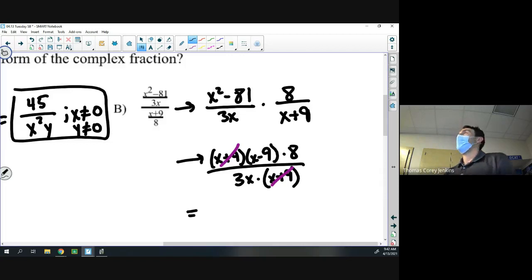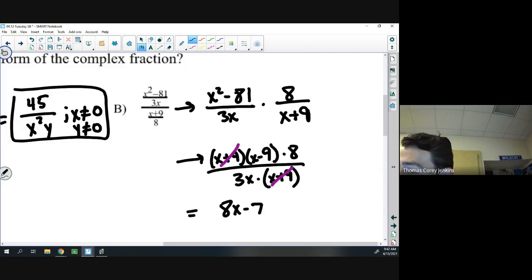So I've waffled back and forth, like, can you leave your answer as 8 times x minus 9, or do you multiply? Let me just give you a final answer on that. For your final answer, you want to have it multiplied all the way out, okay? So let's distribute that 8 and write it as 8x minus 72 over 3x.